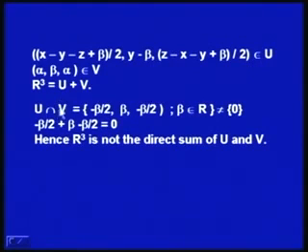That is why U intersection V is not the singleton 0. So, hence R cube is not the direct sum of U and V. So, in this example we have three sets. R cube is a direct sum of the first and third, but it is not the direct sum of the first two, U and V.